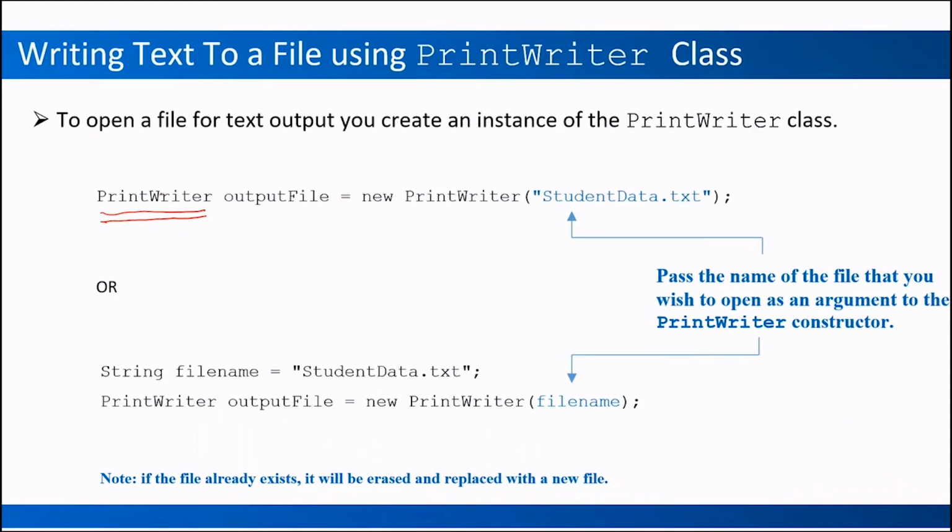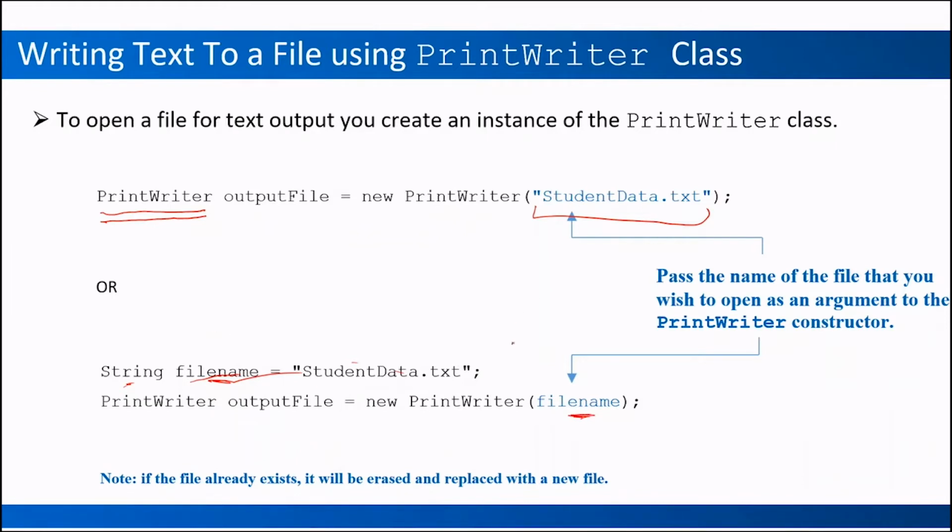So again, the general format: PrintWriter, call it whatever you want, outputFile, studentDataFile, whatever you want, and then say new PrintWriter and pass the name of the file as an argument. There is great flexibility here: studentdata.txt could be hard-coded this way, or it could be stored in a file name string, and then this file name is passed as an argument.